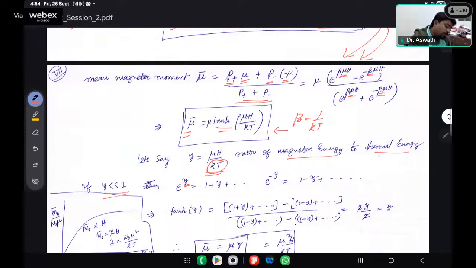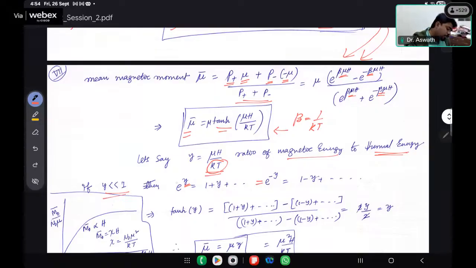Thermal energy is always going to be a large quantity when compared to magnetic energy. Which means I can write the exponential of y using the expansion, 1 plus y plus so on.